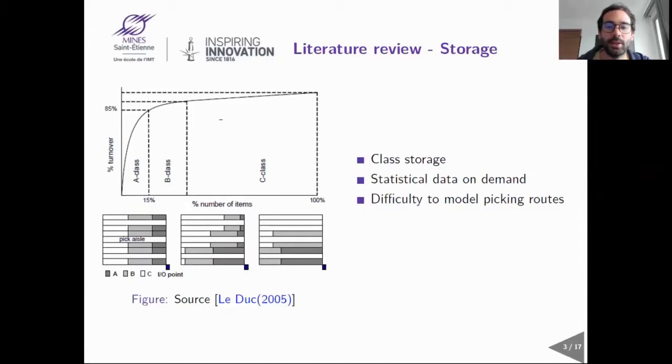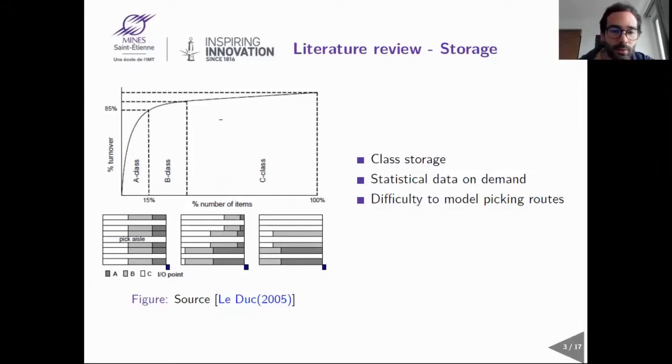What has been done in the literature is mostly class-based storage, because that's what is used in the industry as well, where the different items are separated into several classes, most of the time three classes, A, B, C, where 15% of the items represent 85% of the demand, and the different storage spaces we can see here from above are assigned to one class in different settings depending on the operational constraints.